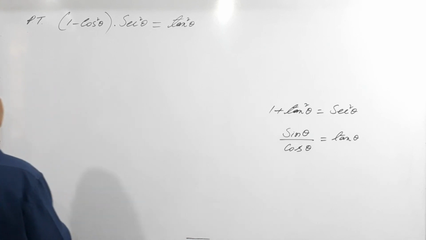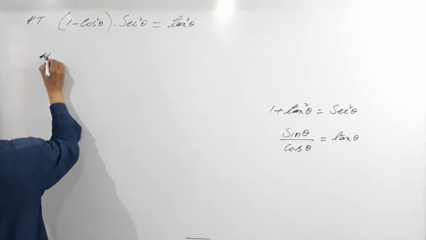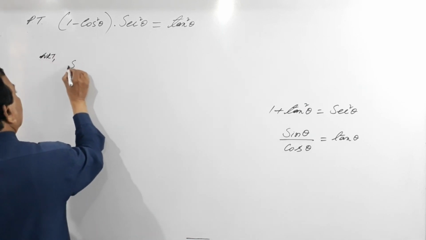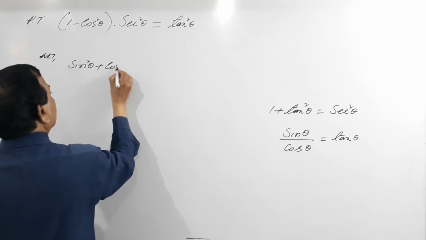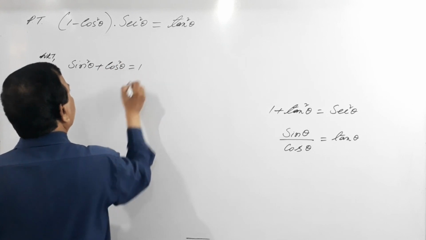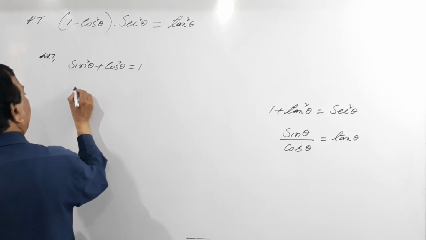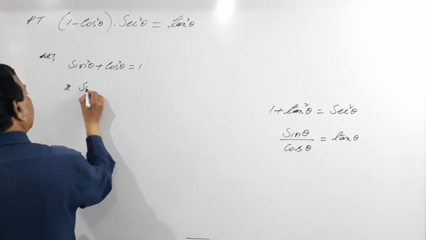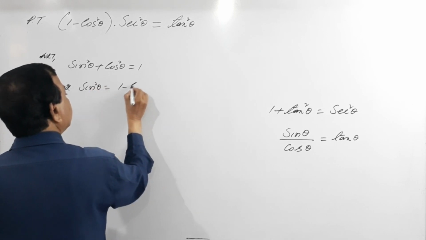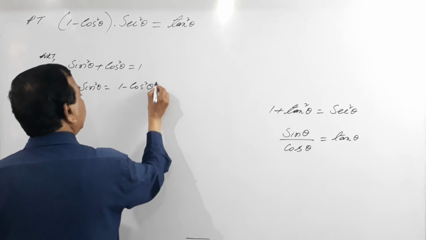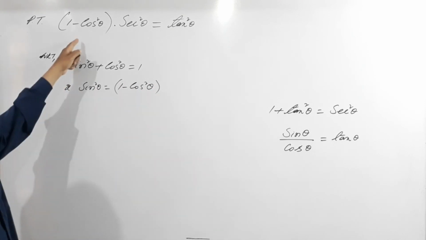So we know that sin square theta plus cos square theta equals to 1, and sin square theta equals to what? 1 minus cos square theta, correct? We have got this.